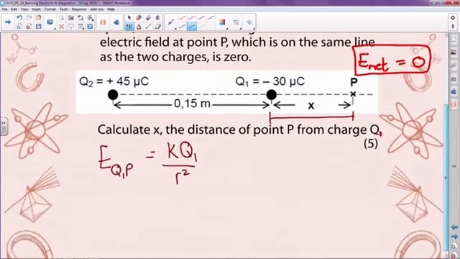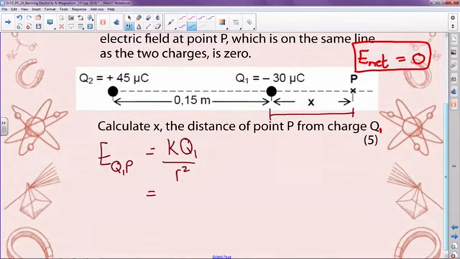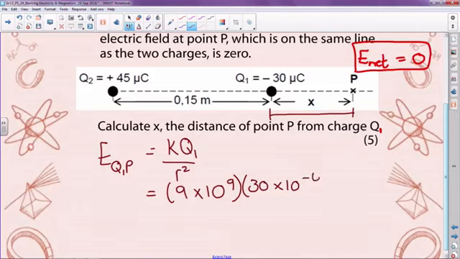And when I put that in, this is as much as I can get: 9 times 10 to the 9, that's Coulomb's constant, okay? Q was 30 microcoulombs, so that's 30 times 10 to the minus 6, because it's micro, and we don't know X. We don't know R, it's X squared. Okay, we're fine so far.